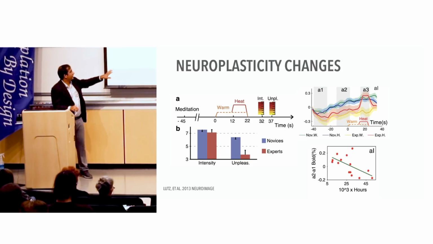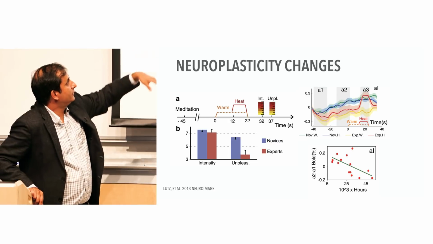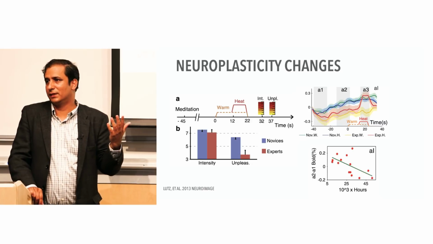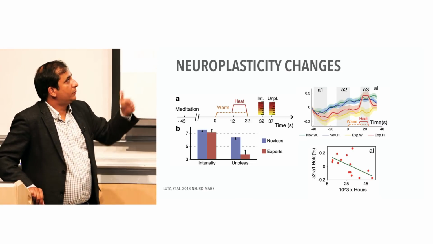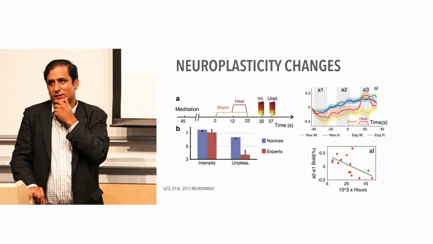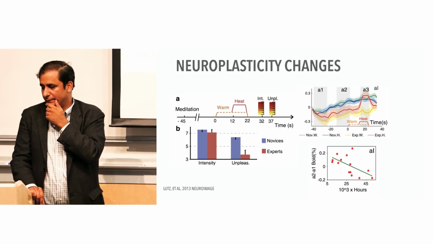They showed, first of all, behaviorally, with novices in blue and experts in red, that the intensity measure is pretty much the same, so they both say 7 on the pain scale or something. But the unpleasantness is way down in the case of experts, so they're not much distressed or don't feel much of an unpleasant effect afterwards.